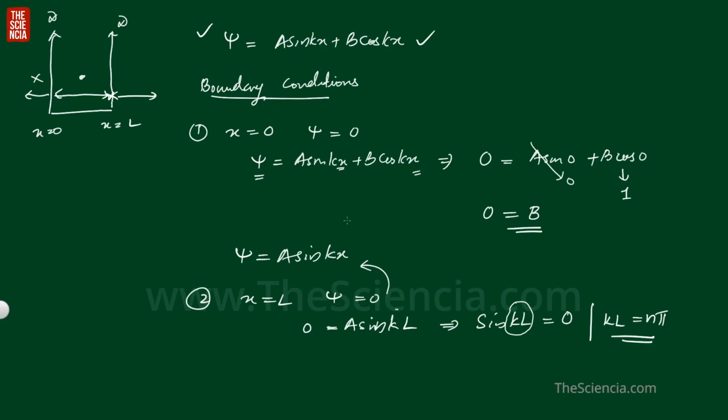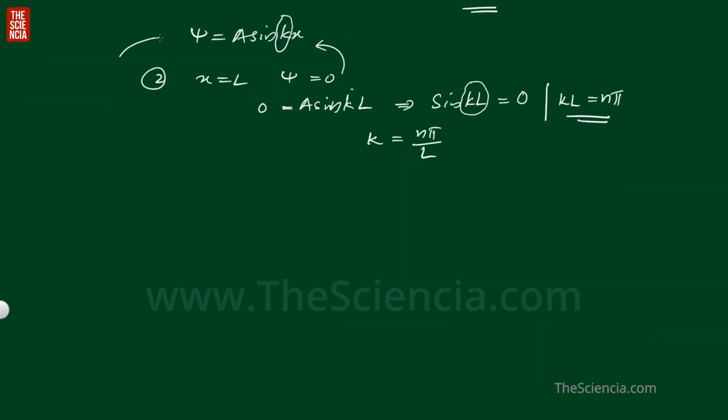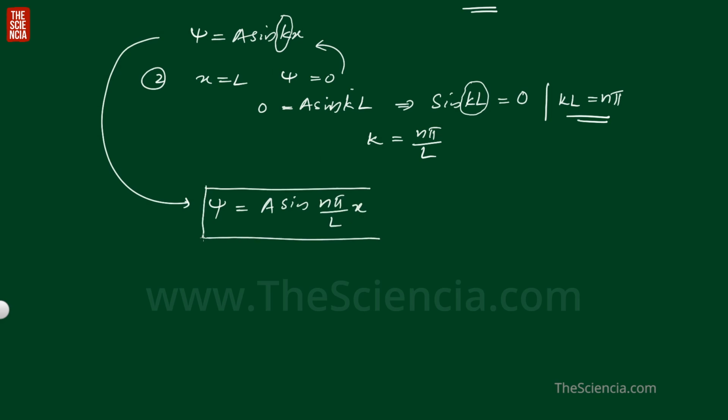So from this equation we can find the value of k, that is k is equal to n pi by L. So the final wave function psi is equal to a sin, what is the value of k? That is n pi by L into x. So this will be the wave function of a particle in 1D box.